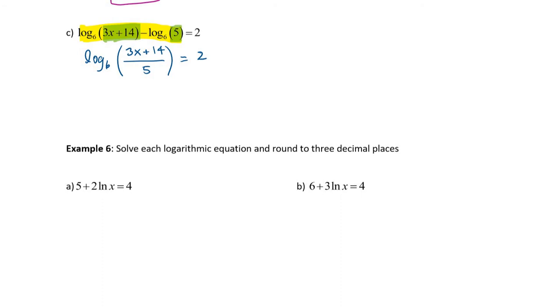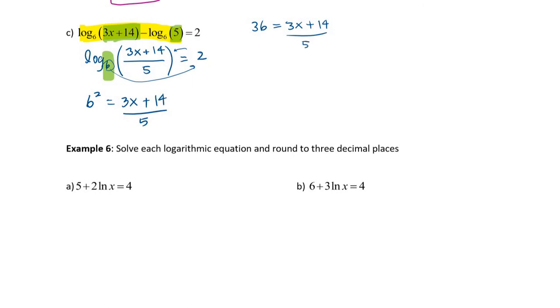Okay, so now that I have one log equals a number, I'm just going to use the definition of logs. So 6 raised to the second power is going to equal this thing. So 6 squared equals 3x plus 14 all divided by 5. I can square the 6, so 36 equals 3x plus 14 divided by 5.